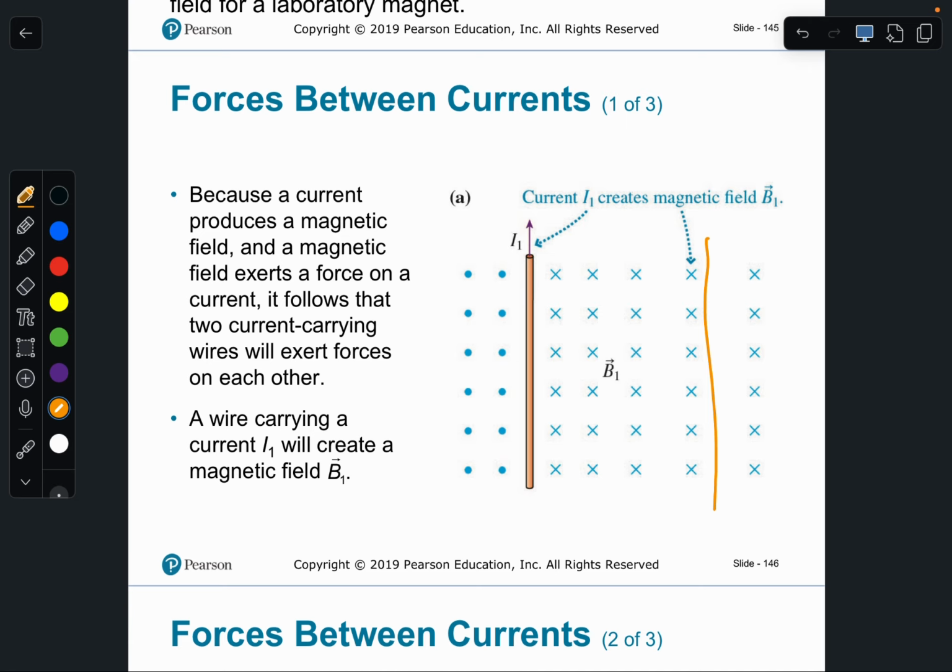What I'm going to do is send in a current, parallel and anti-parallel. Right now I'm in the anti-parallel direction.